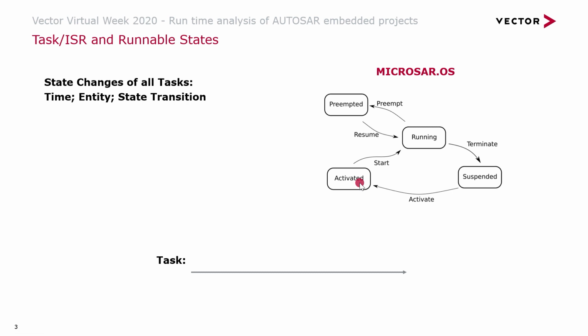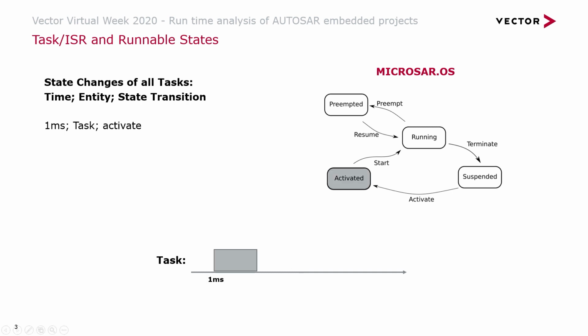These are the states a task can be in. And on the left-hand side, you will see a log in a moment, which just shows the current time and which task is changing its status into which state. And at the bottom, you will see a graphic visualization of how these task state transitions look.